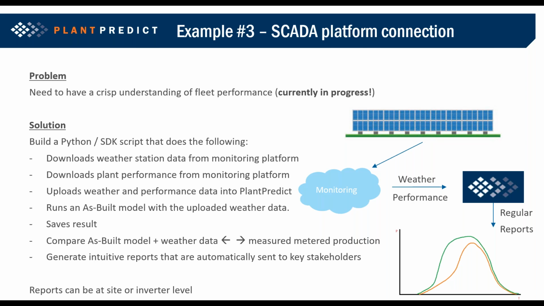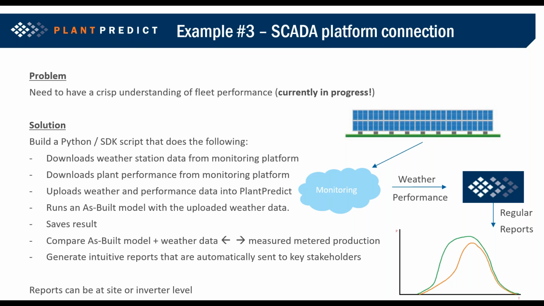And so our solution, which again is currently in progress, is to build a Python SDK script. I put Python here in addition to SDK because the SDK, the software development kit, is particular to PlantPredict.